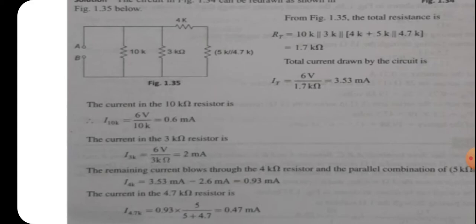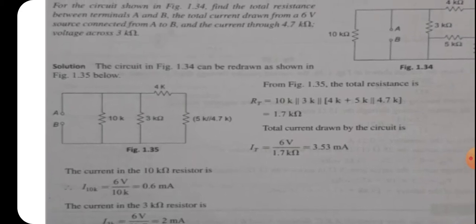That means the current through the last branch will be equal to the total current minus the current in the first branch minus the current in the second branch. So you will get the equation as 3.53 minus 2 minus 0.6, that is 3.53 minus 2.6, which is equal to 0.93 milliampere. That is the current through the series combination of 4K and 5K parallel to 4.7K.